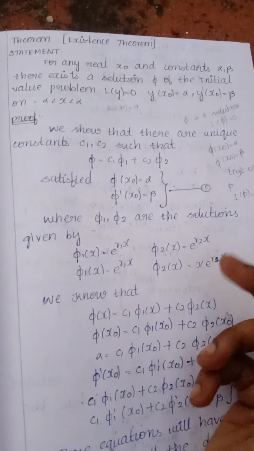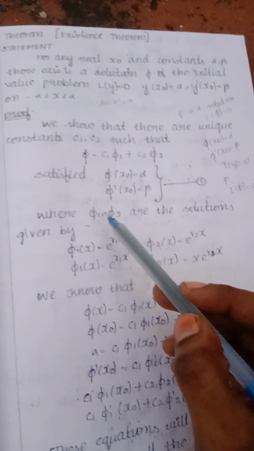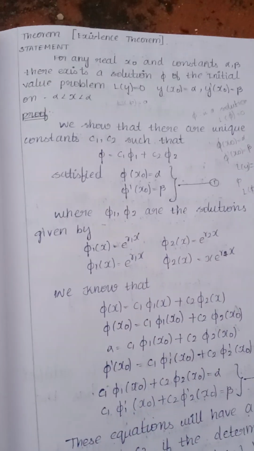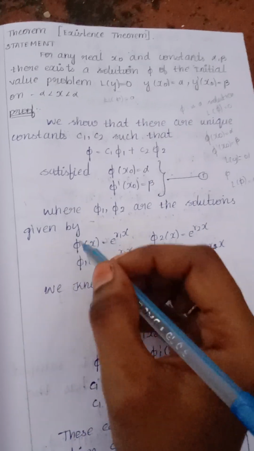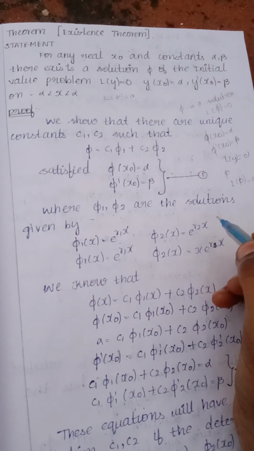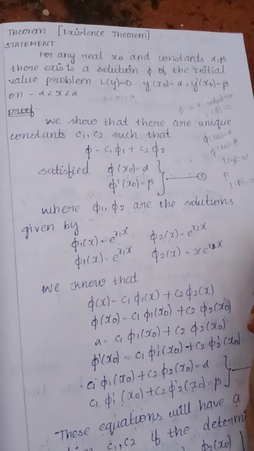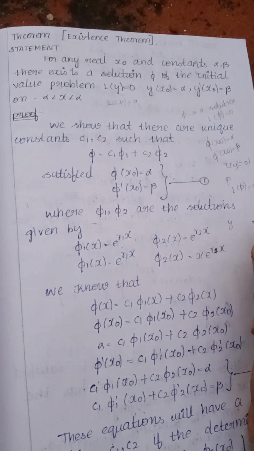So we know that if phi 1 and phi 2 are solutions, then the combination is also a solution. So the solution exists in two forms. If we take a second order equation, there exist two roots. The power of the equation, that is its degree, gives that many roots.